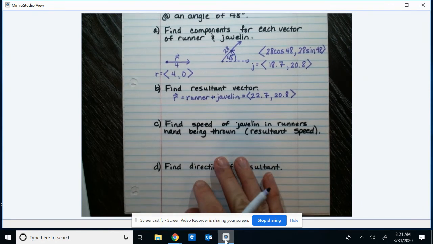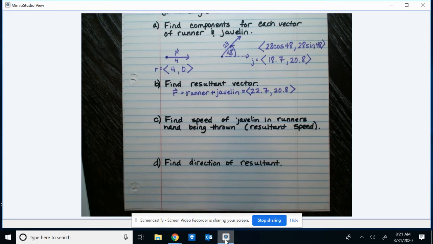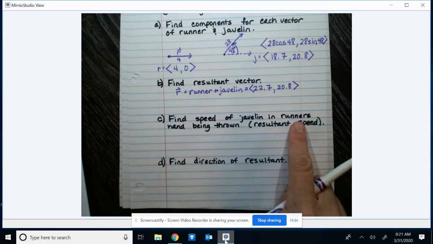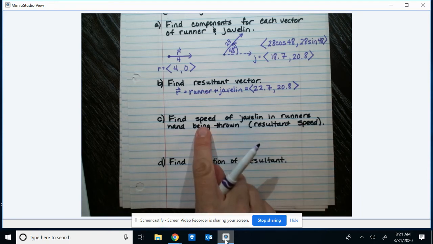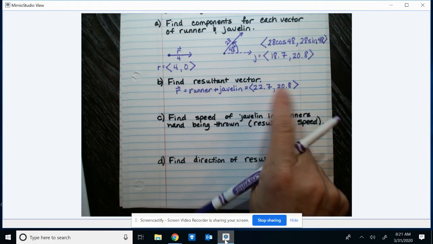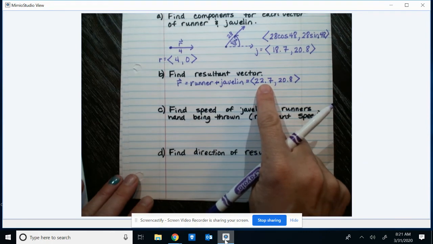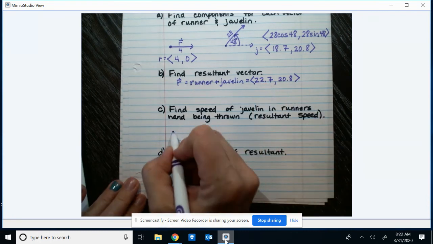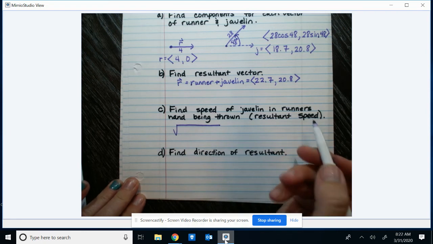All right, so then it asks you to find what is the speed of your javelin and the runner together, traveling together. So the speed of your resultant vector. So if I go back to what my resultant vector is, I have its components. To find the speed, remember that's just your magnitude. So that is going to be the square root of your A squared plus your B squared.